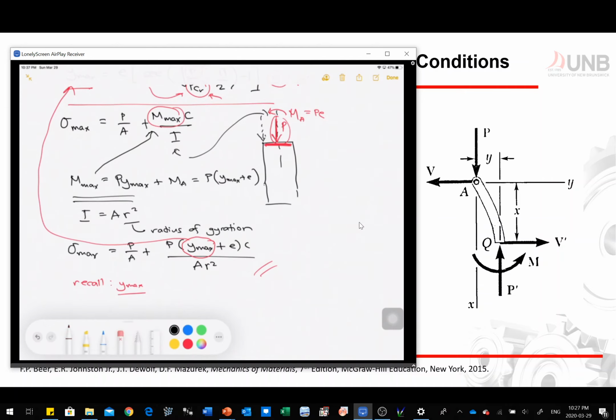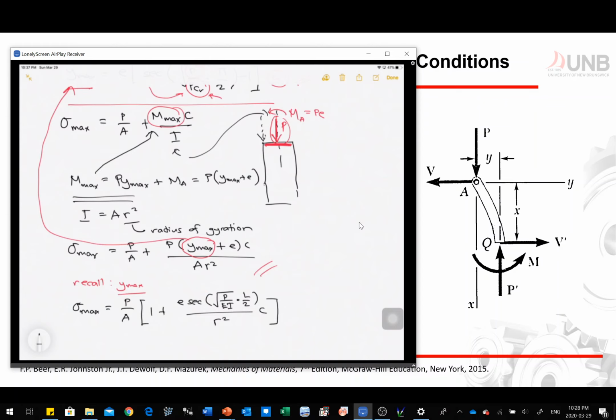Eventually, we're going to get this equation here: sigma maximum is equal to P over A, just the same as there, times 1 plus E secant of square root of P over E I times L over 2, divided by r squared C, this one right here.